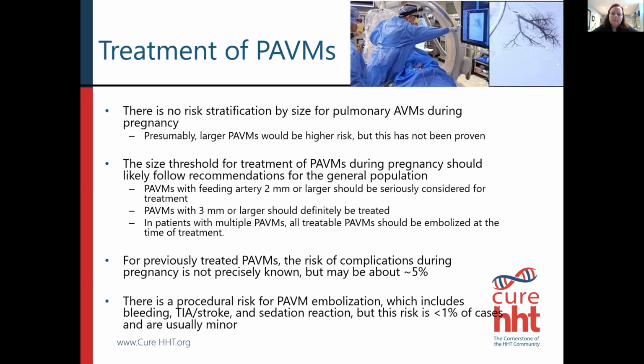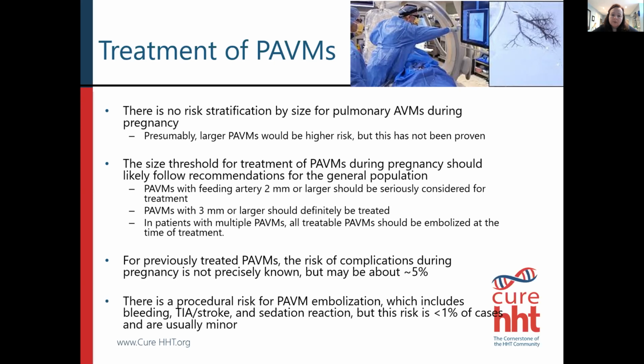So pulmonary vascular malformations with a feeding artery of 2 millimeters or larger should seriously be considered for treatment, and those that are 3 millimeters or larger should definitely be treated. And if you have multiple pulmonary vascular malformations, all treatable ones should be embolized at the time of treatment.